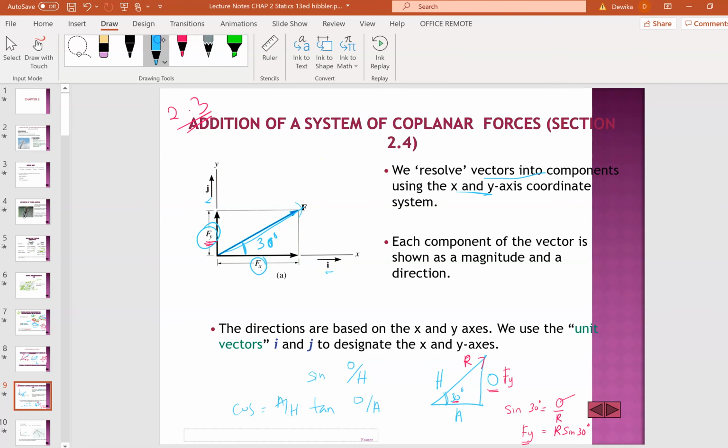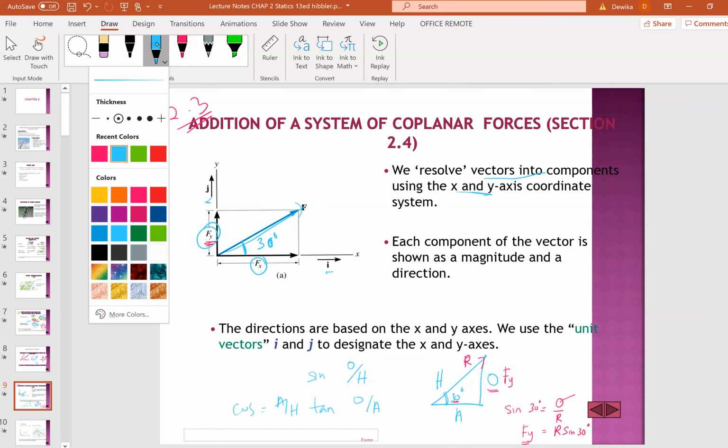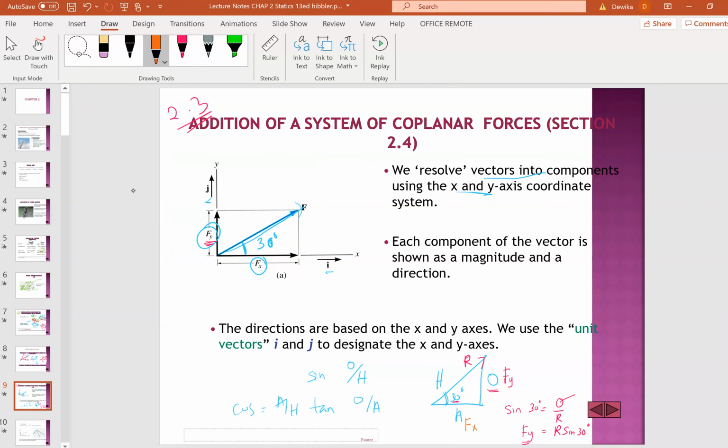A similar method is used for your Fx. Let's look at Fx, which is down here. Fx is cos, adjacent over hypotenuse. Sorry, let me just erase this and repeat that.